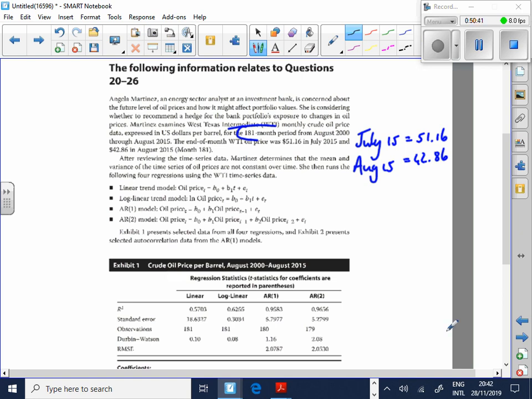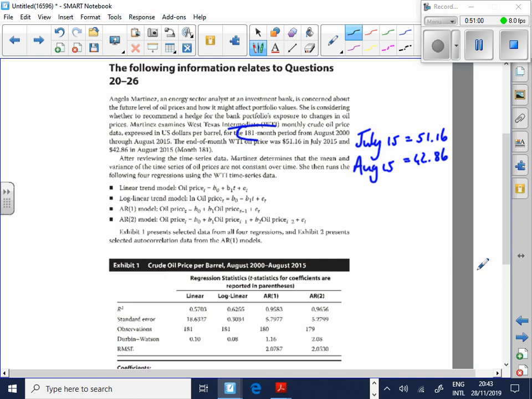After reviewing the time series data, Martinez determines that the mean and variance is not constant over time. So what would you say? The data is not covariance stationary. She then runs the following 4 regressions with the time series data.